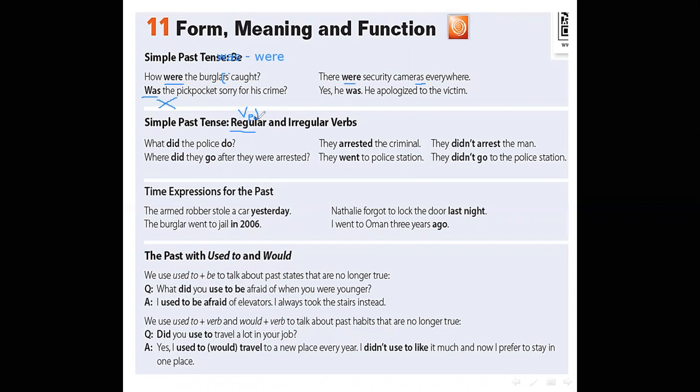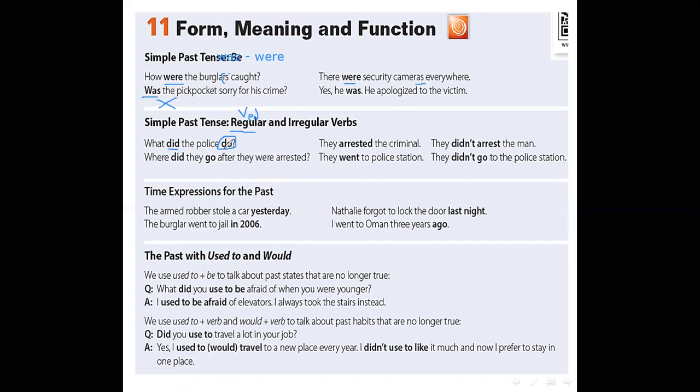Okay? How can we make a question for simple past tense? We use did. Excellent. What about the verb which followed did? Perfect. The verb which followed did should be infinitive verb. Base form. Base form without S, without ing, without any addition.